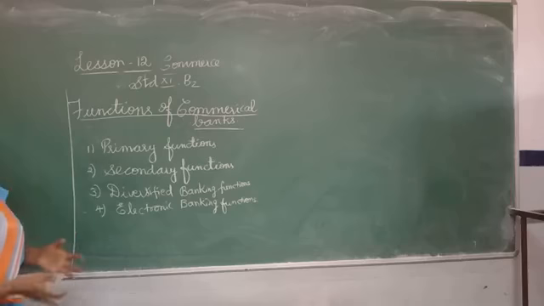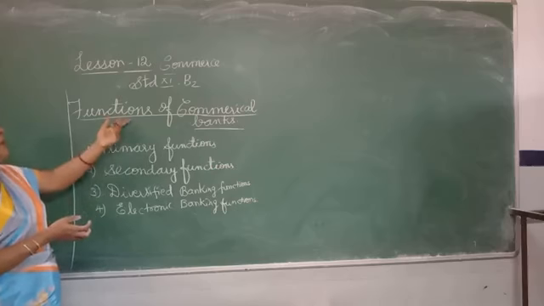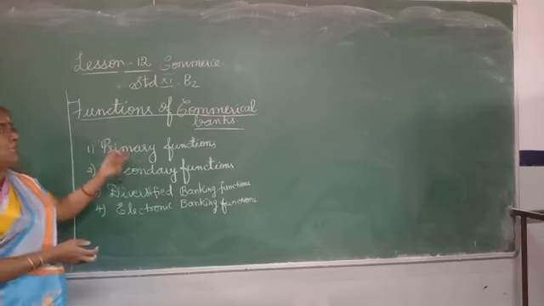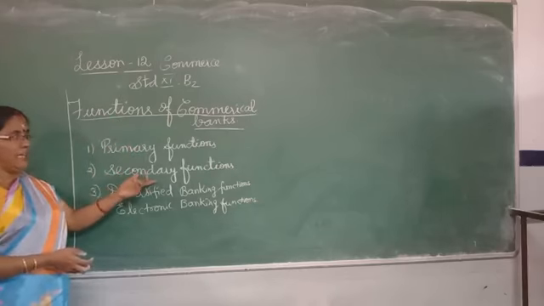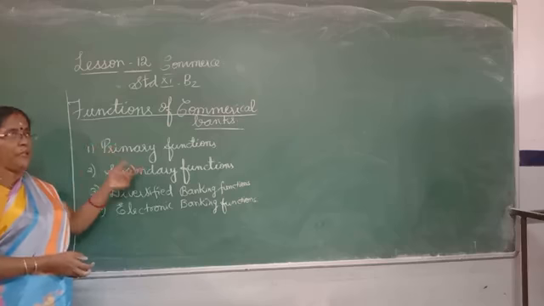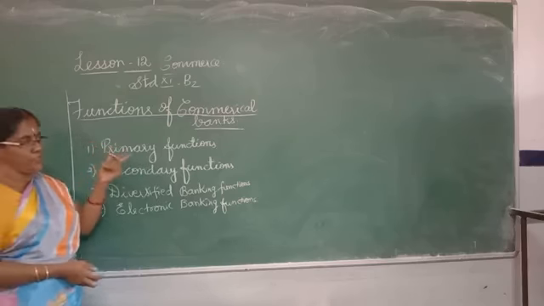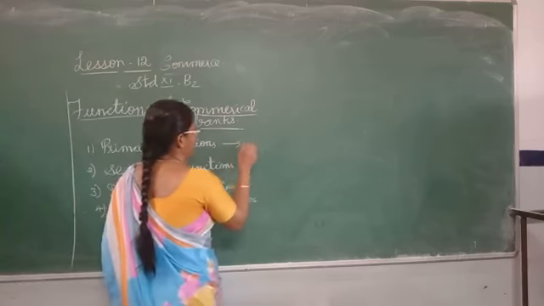In accepting deposits, what are all the functions? The functions can be classified into two: the primary function and the secondary function. Accepting deposits, granting loans, and creation of credit are the primary functions. What are all the primary functions?